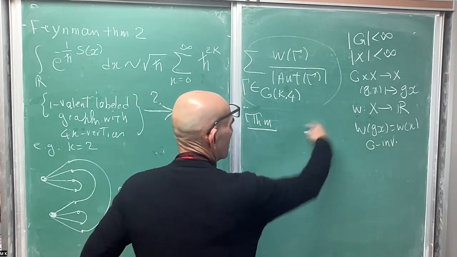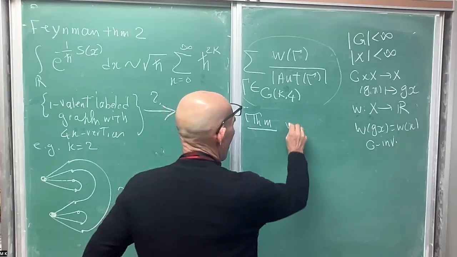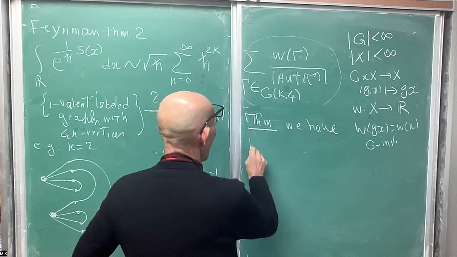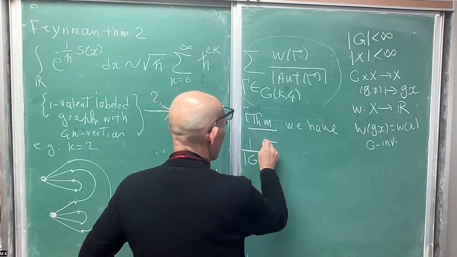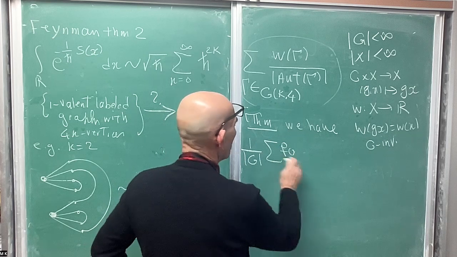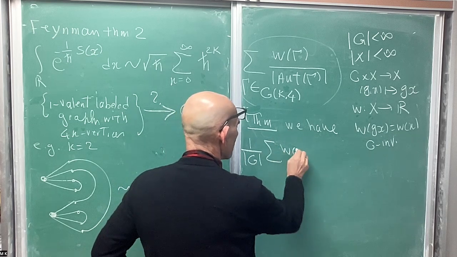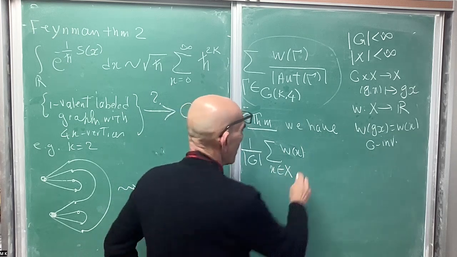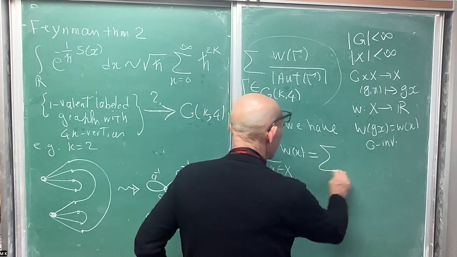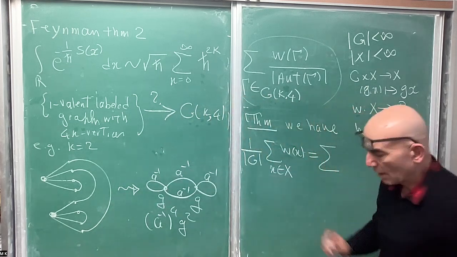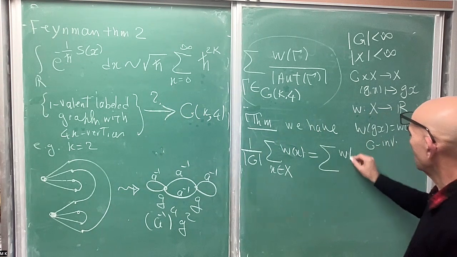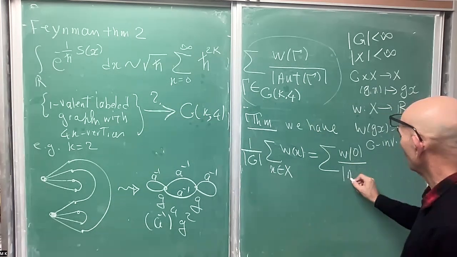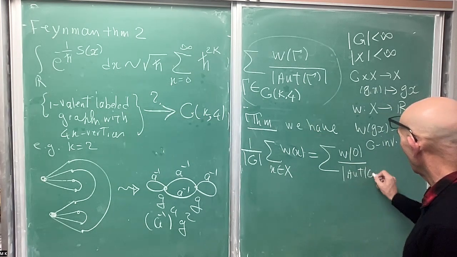Given this very simple setting, we have the following fact: 1 over the order of G, summation of W of x, x belonging to X, is equal to the sum of W of O divided by the order of the automorphism group of O.